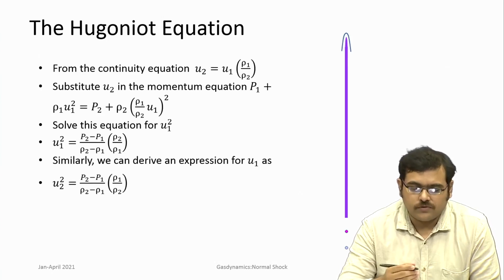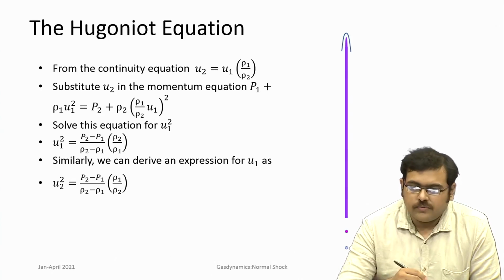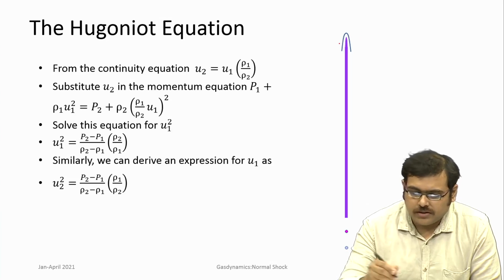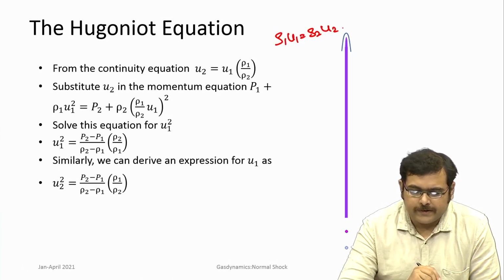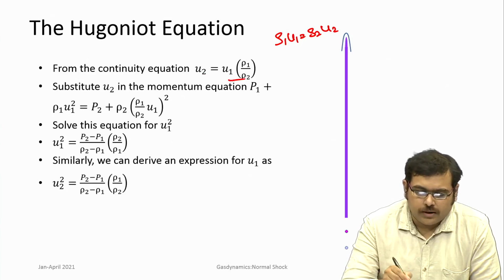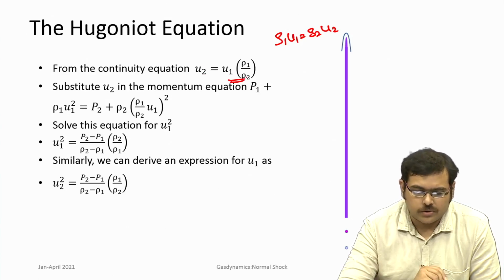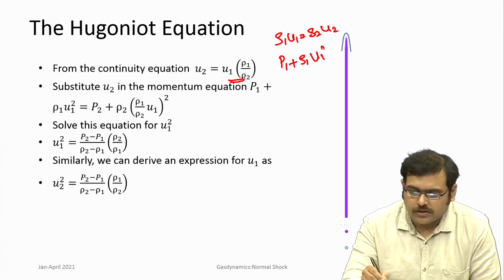So we have to appropriately combine the 3 equations, and we begin from the continuity equation rho 1 u1 equal to rho 2 u2, and here directly you will get u2 equal to u1 into rho 1 by rho 2. Now, we take the momentum equation, p1 plus rho 1 u1 square is equal to p2 plus rho 2 u2 square.